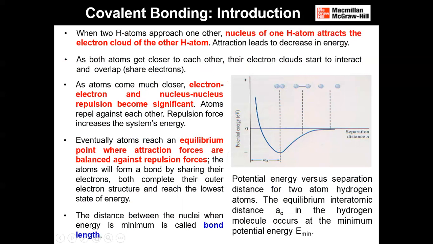Okay, so how can we measure the bond length actually? Generally when two atoms come close together, the electron and nucleus repulsion becomes significant. As they become much closer, atoms repel against each other, and the repulsion force increases the system energy. So when the attraction force and the repulsion force are balanced, they are in equilibrium.